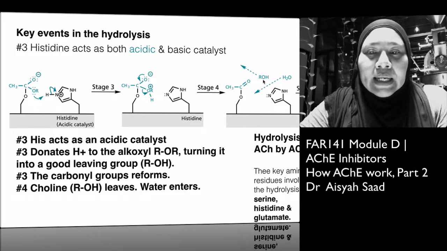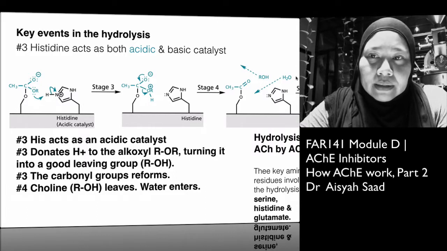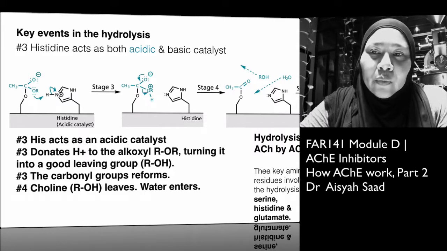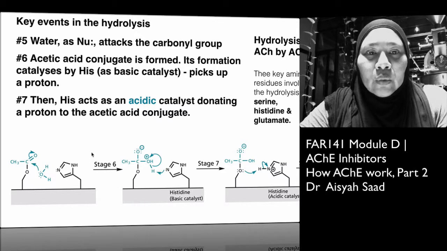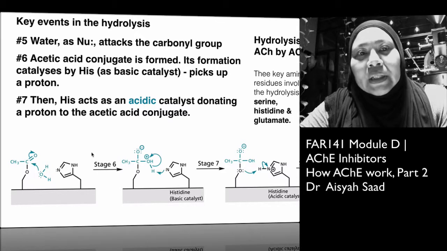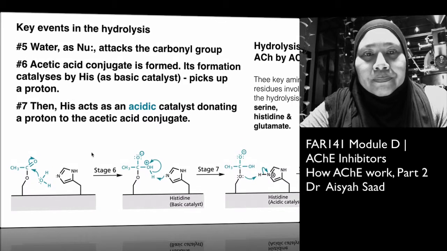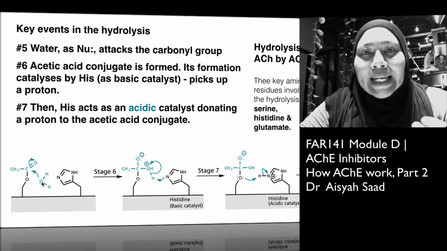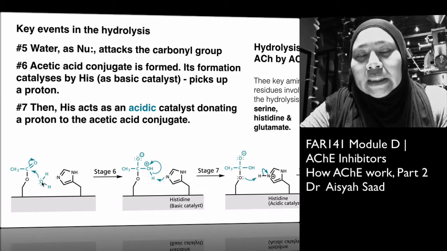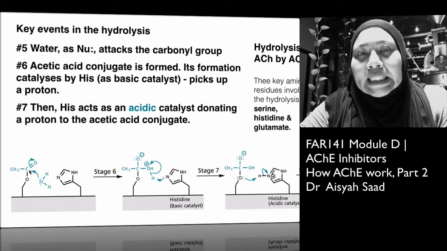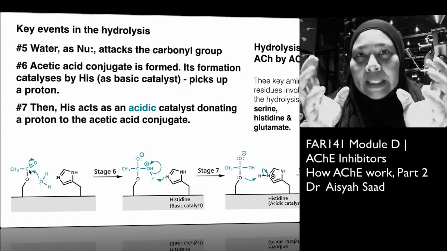As the carbonyl group reforms, a water will enter. In this case, the water will act as a nucleophile. The lone pair on the oxygen of water will attack the carbonyl, opening up the carbonyl again.